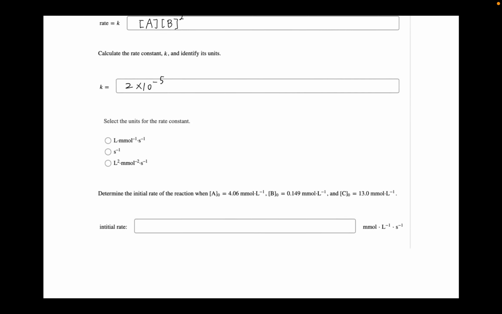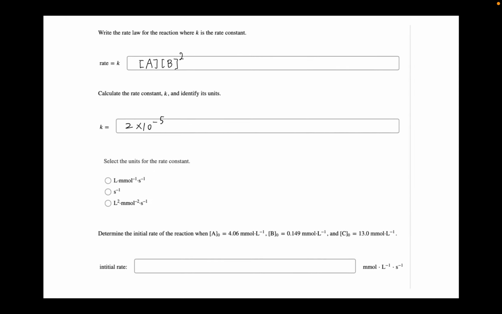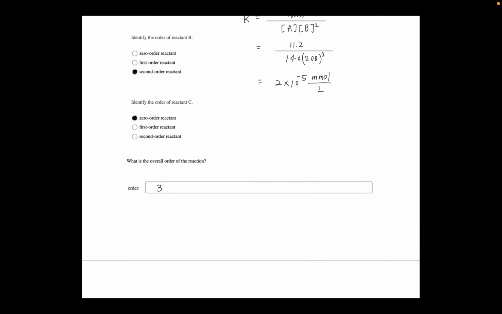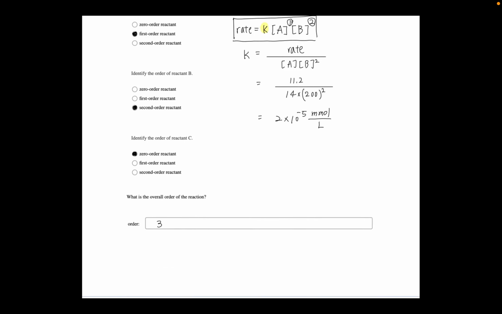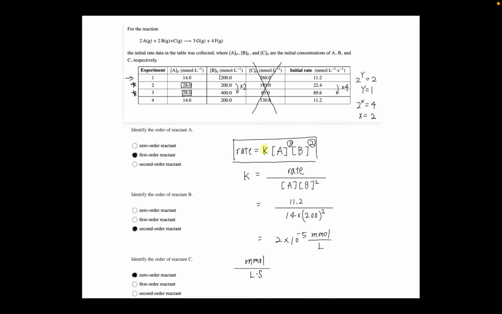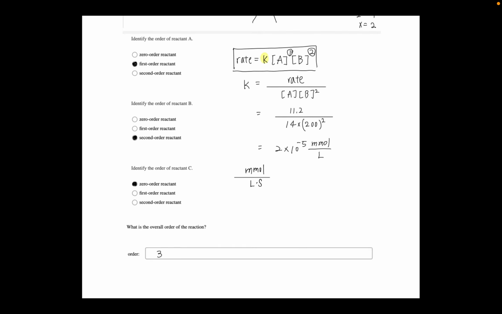Okay, so right now we're calculating the units for the rate constant.